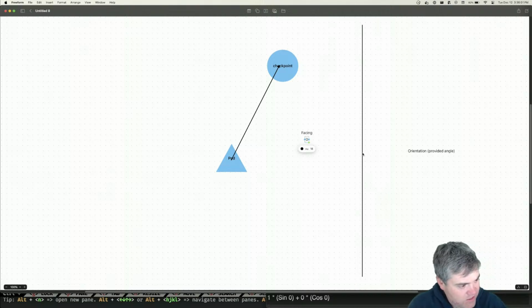Wait, so atan2, vector x, vector y, but what are the vectors? Is it my position here, or this position here, or the difference between these two? That gives you the angle between the x-axis and the checkpoint, and then you can just take the difference of your orientation and that angle.